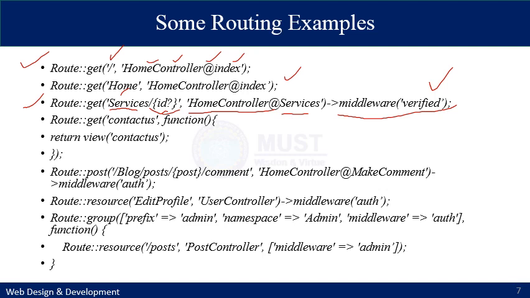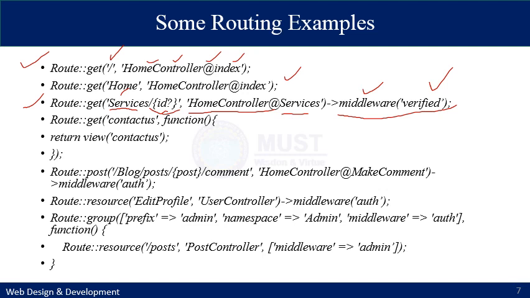It is very easy to achieve this kind of functionality in PHP, that you have added a middleware called verified, and only verified users will be able to access this URL. So if the user is not verified, you will be automatically directed to a page that will tell you that you have to verify your account to access this page or the resource of the application.